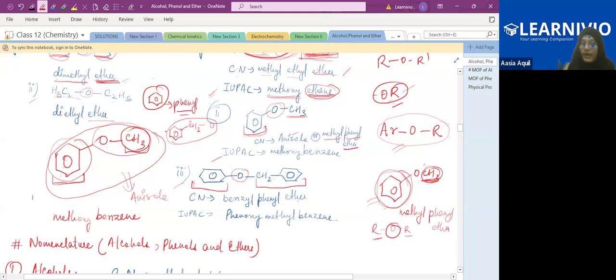So when we take this group as a substituent, we call it benzyl, right?